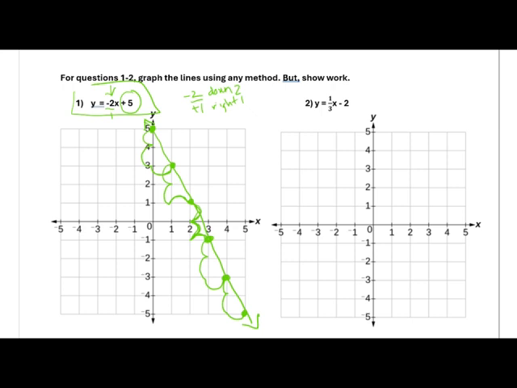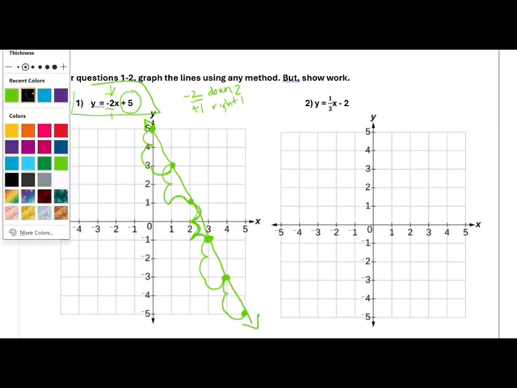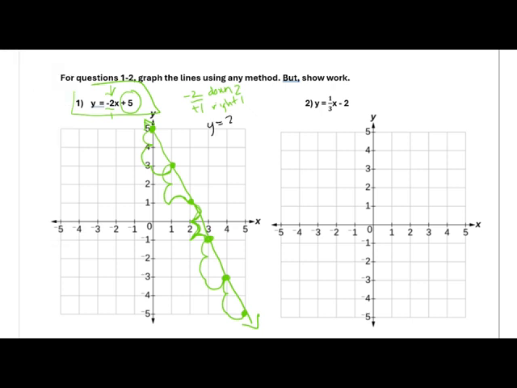Okay. If you got confused and you did y equals 2x plus 5, let me show you how that would look. You would still put the dot at positive 5 because that's the y-intercept, but this will be up 2, right 1. Well, I don't have enough room on my graph, so I can go the opposite way and go negative 2, negative 1.